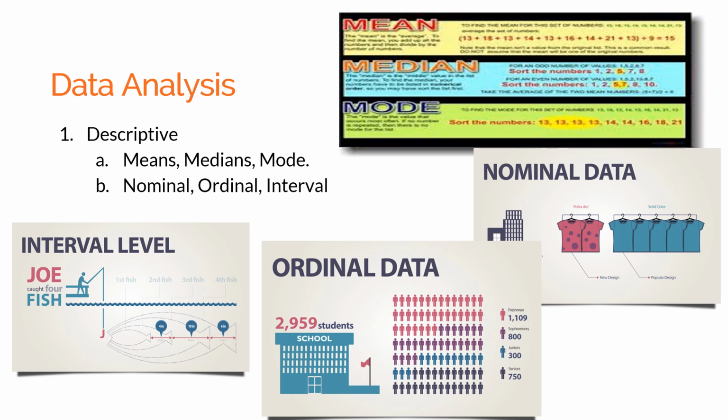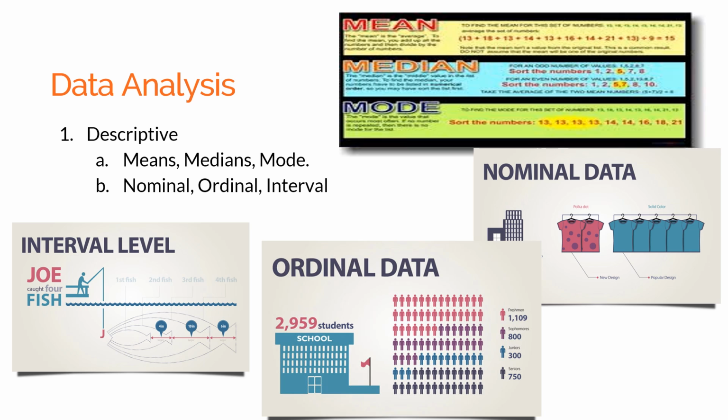So when it comes to data analysis, the first part is your descriptive data, which is your means, medians, and modes. You attain those as an initial understanding of characteristics of the population. That is also divided into nominal, ordinal, or interval variables.